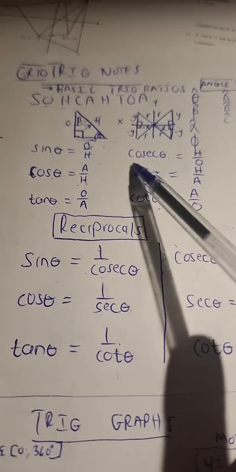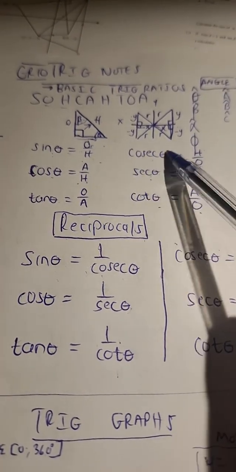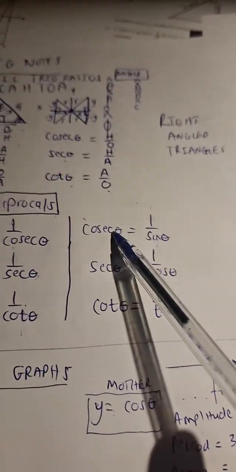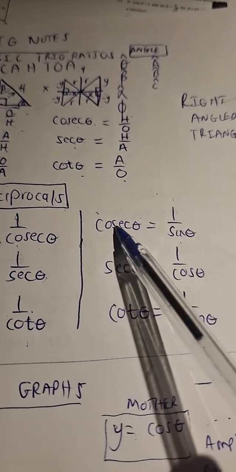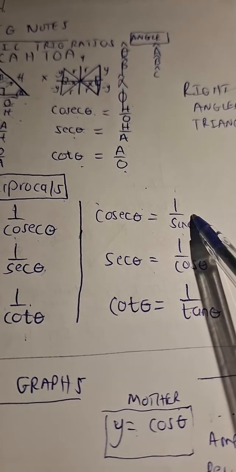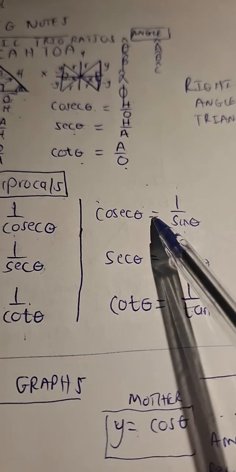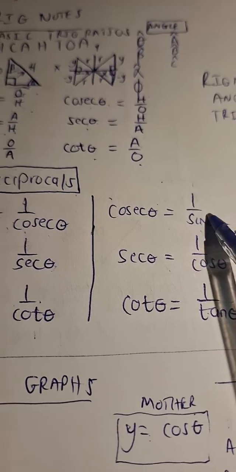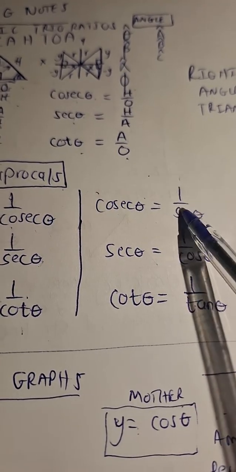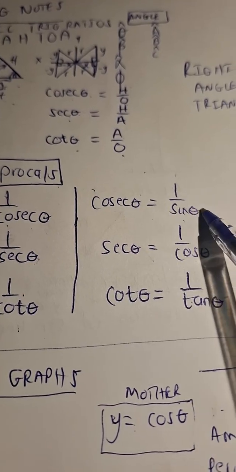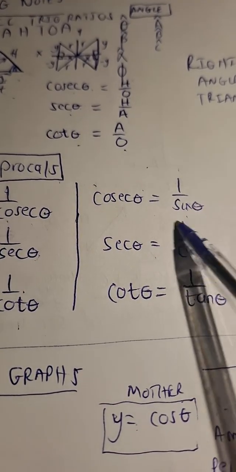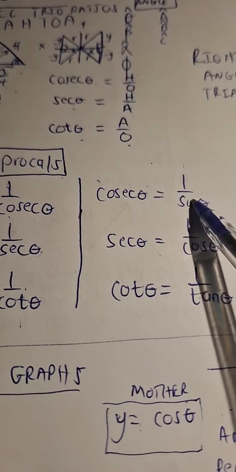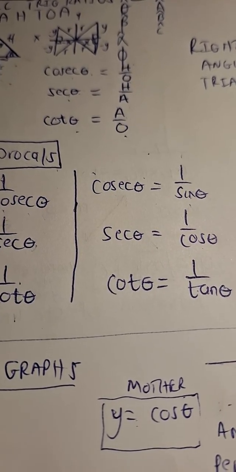Okay, because this trig ratio is not in your calculator, but its reciprocal is sine. So if you want to express cosec in terms of sine, then you say cosec theta is equal to 1 over sine. Okay, you're not saying cosec is equal to sine. No, you say cosec is equal to 1 over sine, because this cosec theta, its reciprocal is sine, but expressed in terms of sine, it's 1 over sine, because it's the reciprocal.